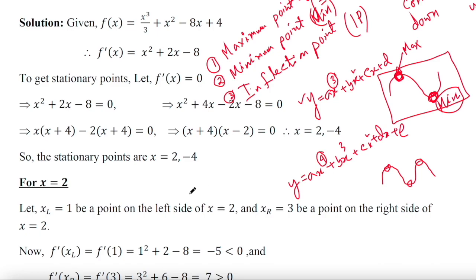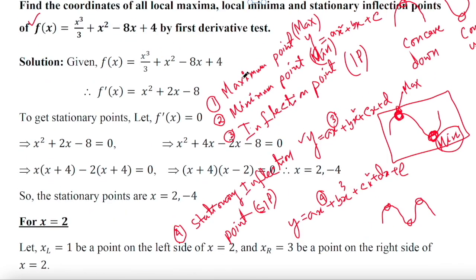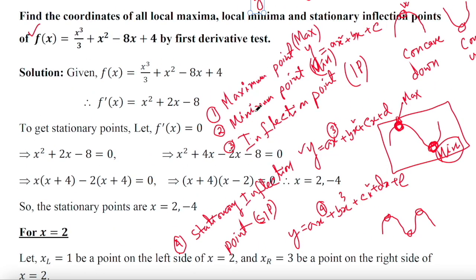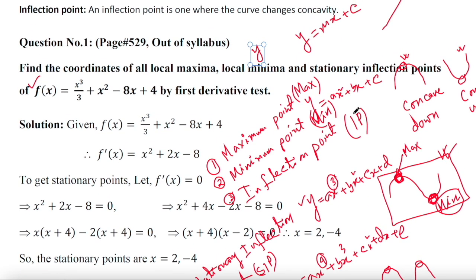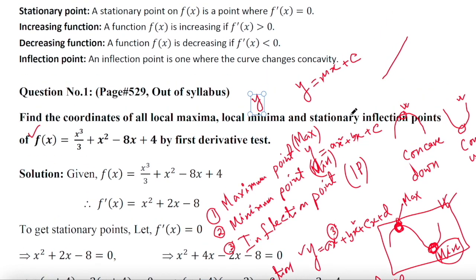The fourth one is stationary inflection point, or SIP. So this is our main target, to find the maximum point, minimum point, inflection point, and stationary inflection point of a given nonlinear function, like this. So the question is, how can we do that?